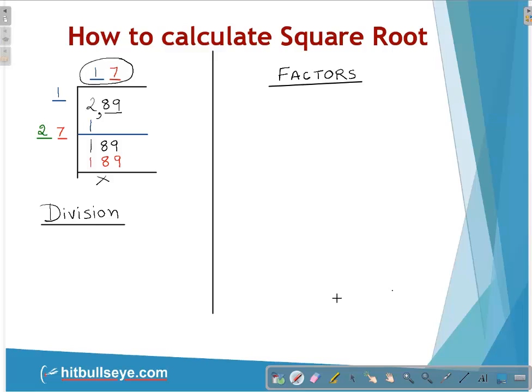Now, let me pick an example. Here, I have chosen the number as 36. Now, first of all, we will find the prime factors of this number 36.